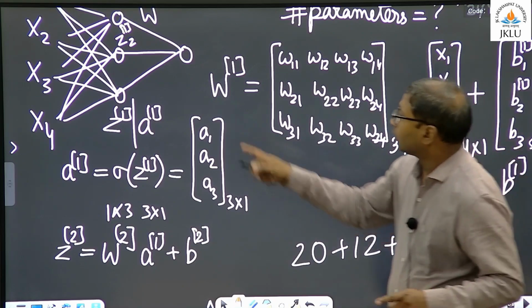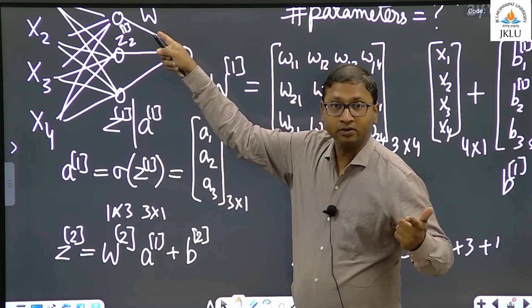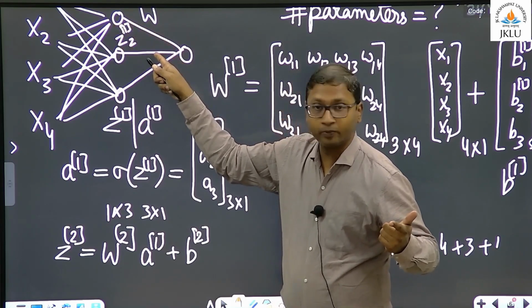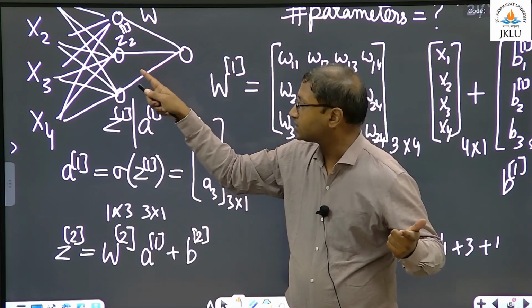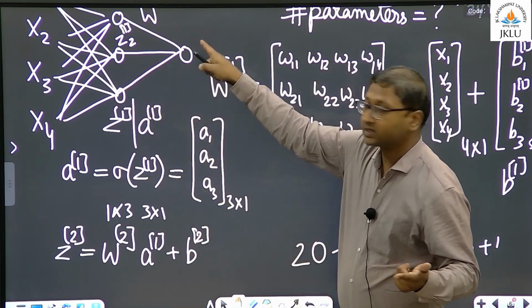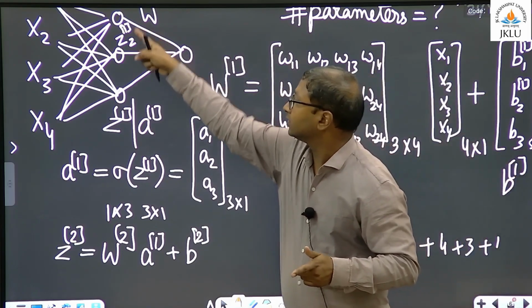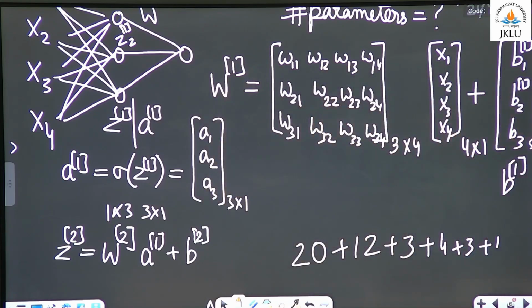Now what are the exact calculations happening here? W1 cross A1 plus W2 cross A2 plus W3 cross A3 plus bias. This is the same as what you are doing on every neuron. If you see, every neuron is a logistic regression unit.